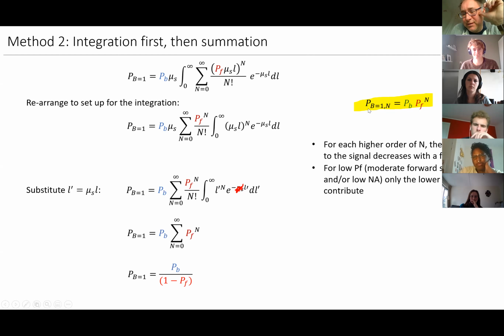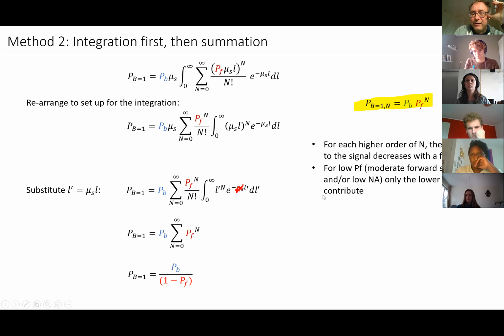The signal contribution that contains paths with only one backscatter event and n forward scattering events is of course proportional to the probability of backscattering, and it also makes sense that it is proportional to the forward scattering probability to the power of n, because we have these n events. It also means that for each higher order of n, its contribution decreases with the factor PF, because the probability of forward scatter is a number smaller than 1.